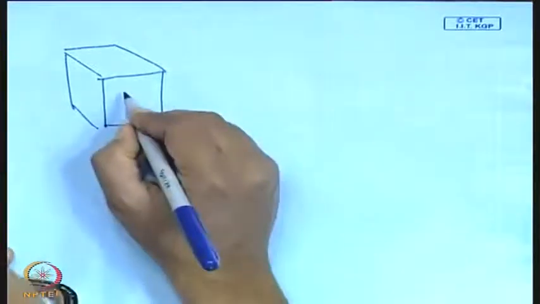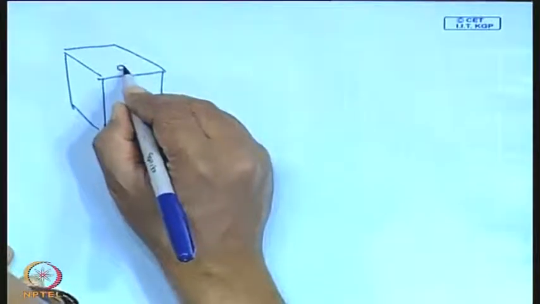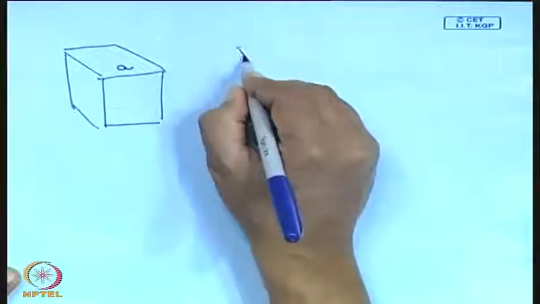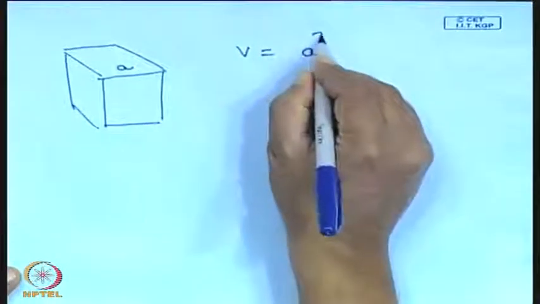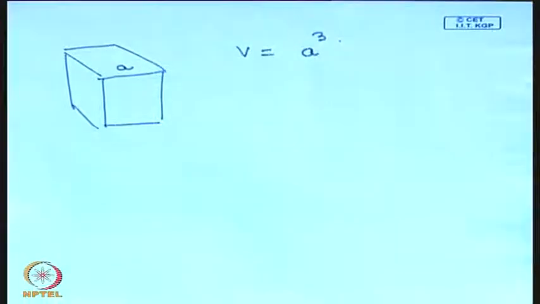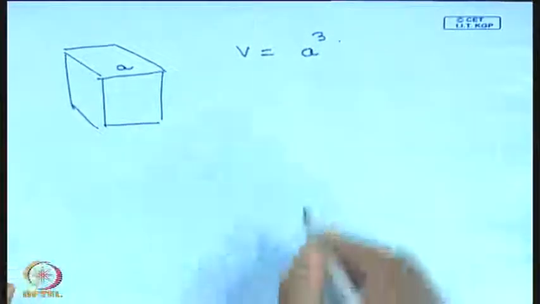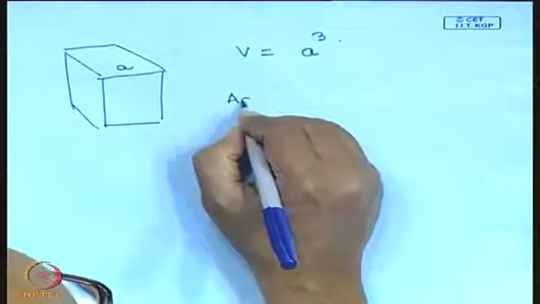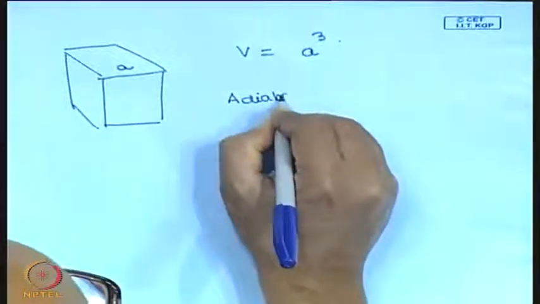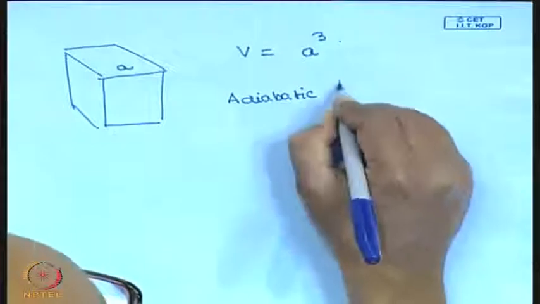So the volume is the scale factor a cubed, the volume of unit co-moving distance. Now we are assuming that the universe is undergoing adiabatic expansion. So this is like a volume which is undergoing adiabatic expansion.